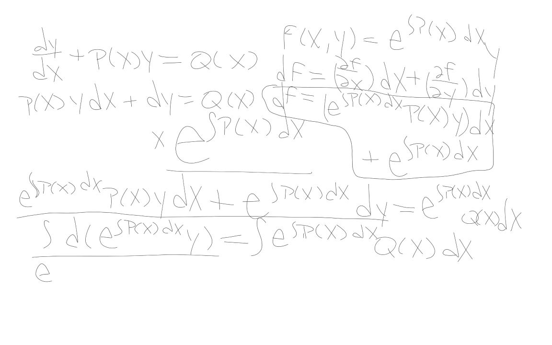So now I have e to the integral of P(x) dx times y, and I can't really simplify this if I'm trying to do it in a very generic, proofy way, so I'm just going to write this integral of e to the integral of P(x) dx times Q(x) dx.